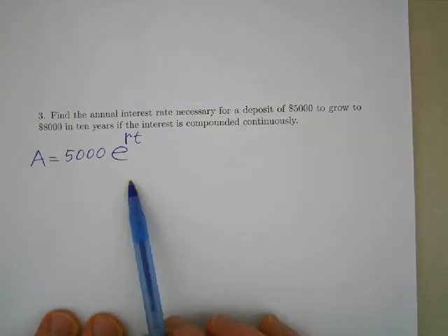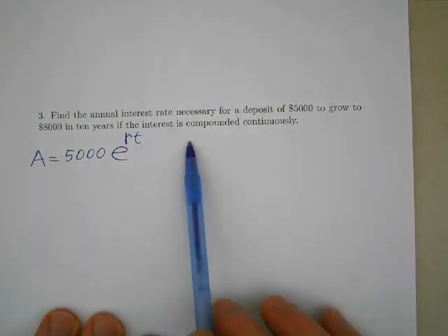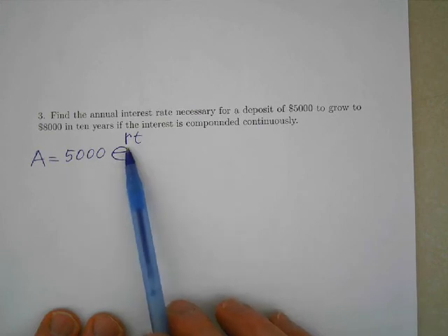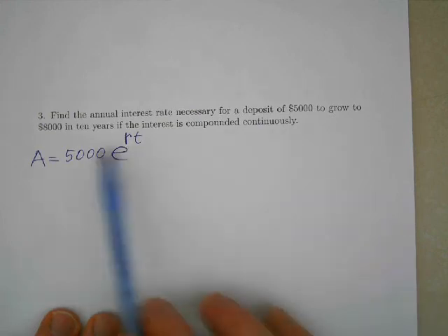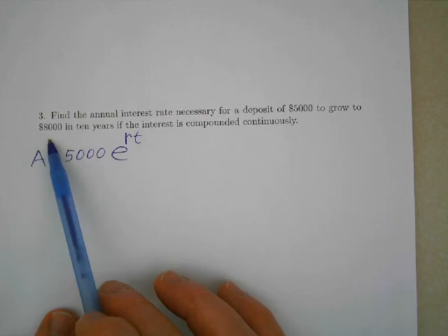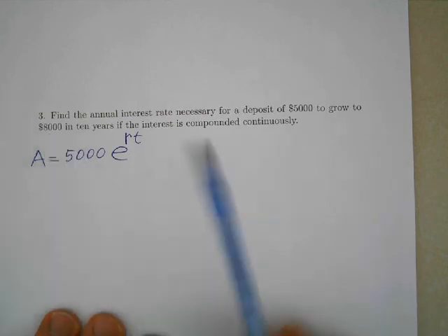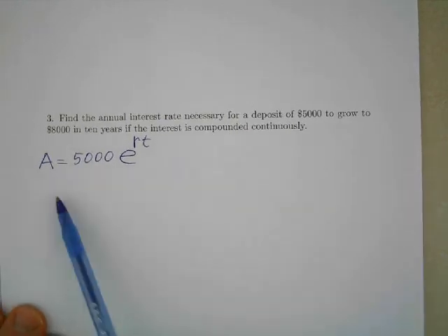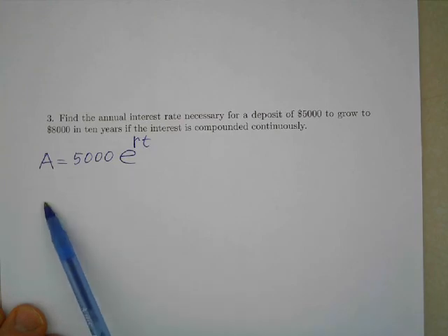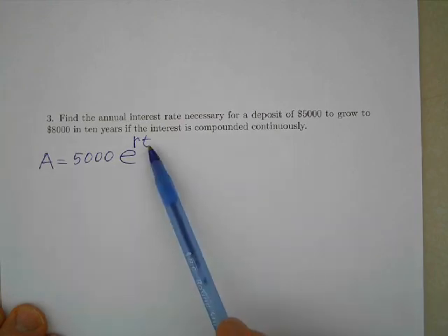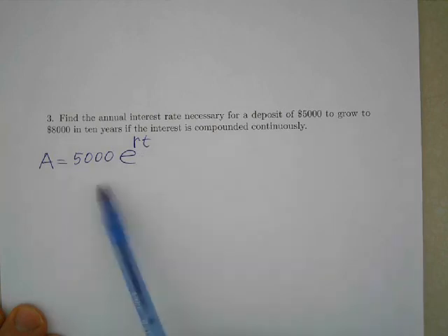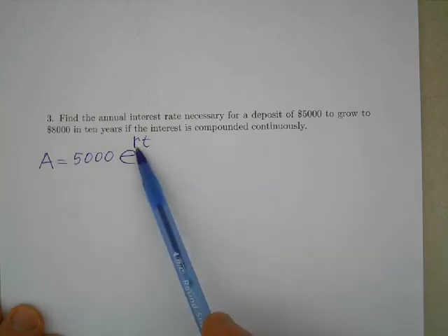So this is the function, and then we're told that we need to find the interest rate R if after 10 years the value of the investment is $8,000. Okay, so what we're going to do, we're going to replace A with 8,000, replace T with 10, and then we'll solve the equation for the interest rate R.